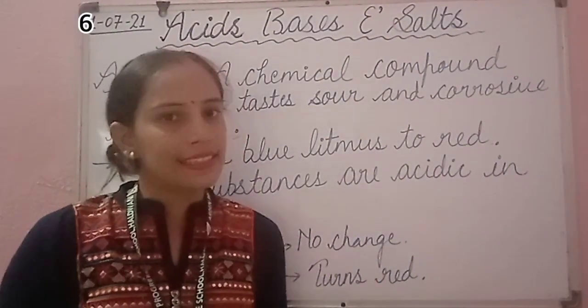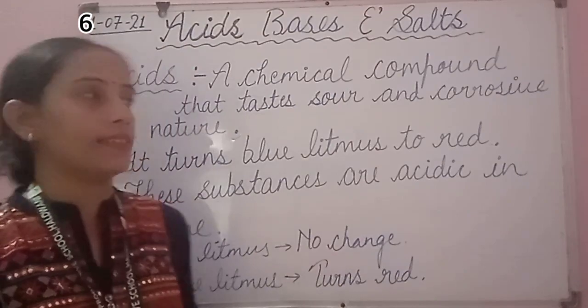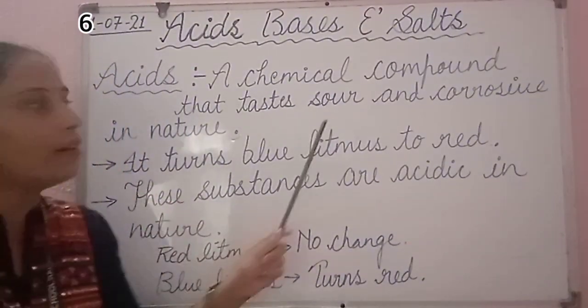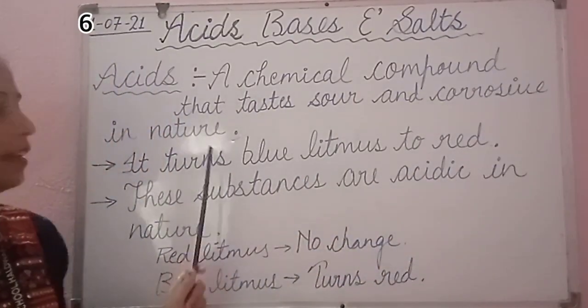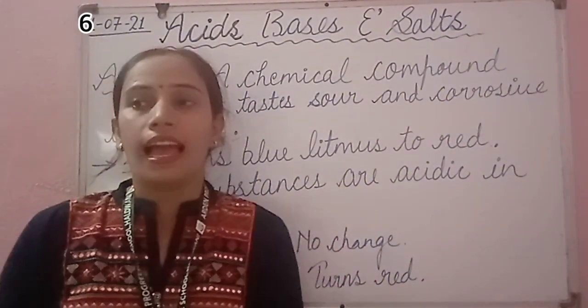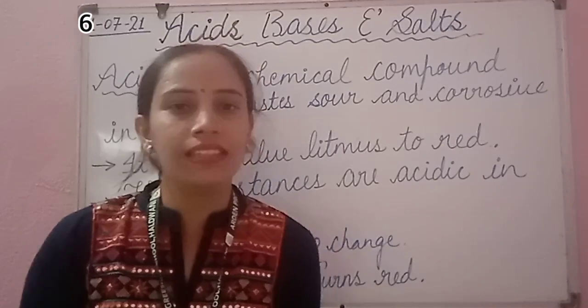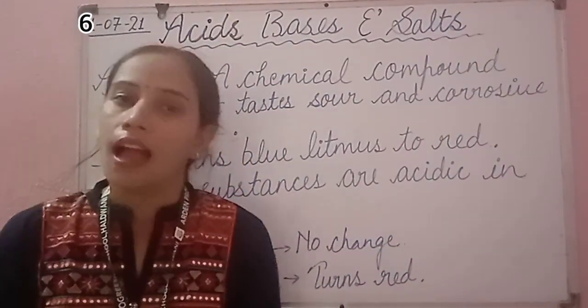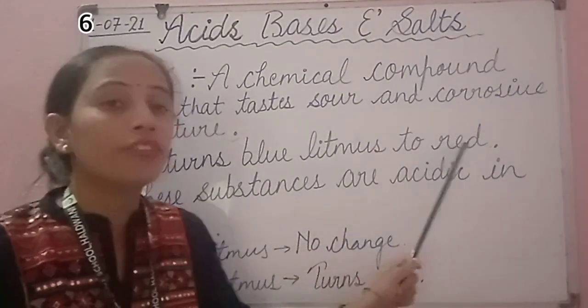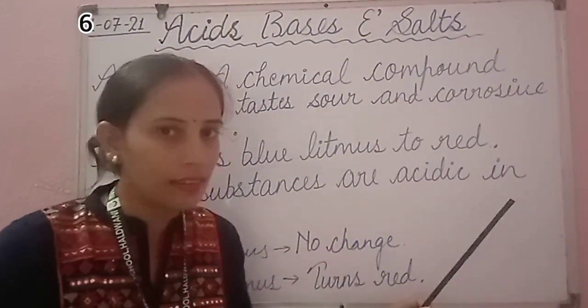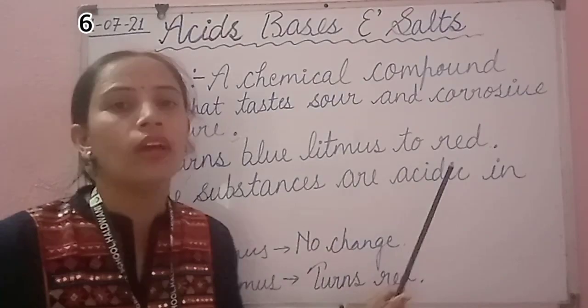So students, let's see how we define the acids. Acids are chemical compounds that taste sour and are corrosive in nature. It means acids react with metals to form hydrogen ions. Next, it turns blue litmus to red. Acids turn blue litmus paper to red.